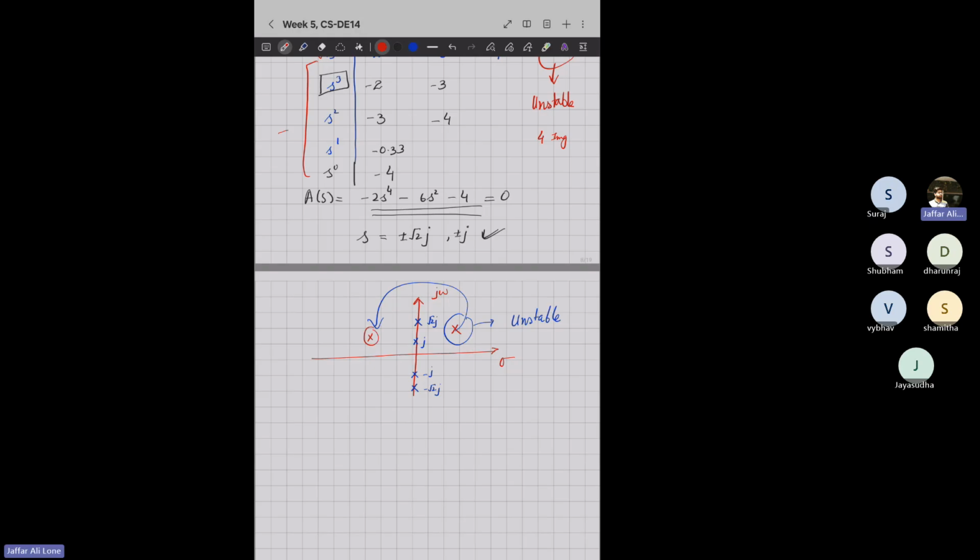Now, Darun Raj, can you tell me? Is it unstable, sir? Jaya Sudha, how is it unstable? Can you please explain? This pole is not there. This pole I have shifted to the LHP.